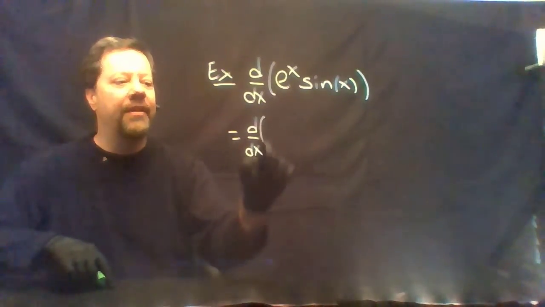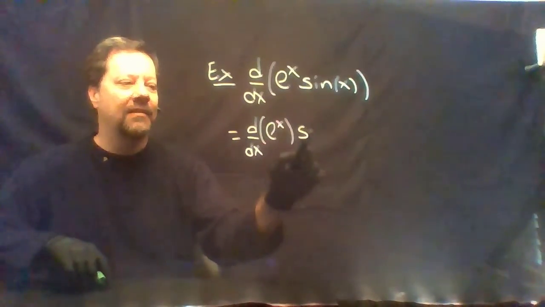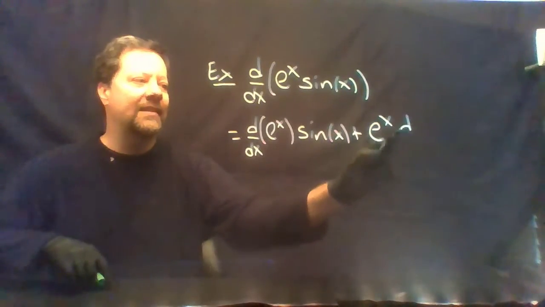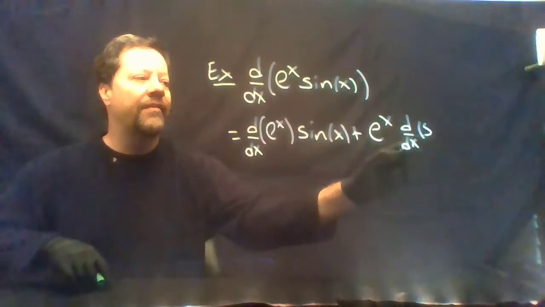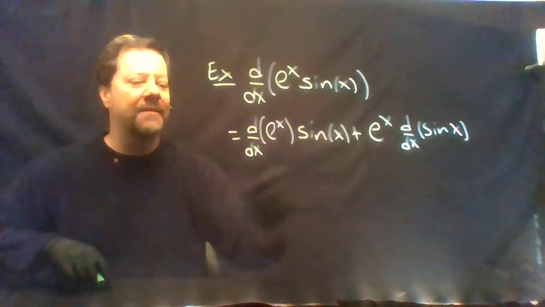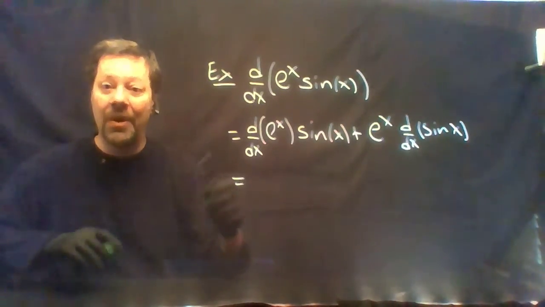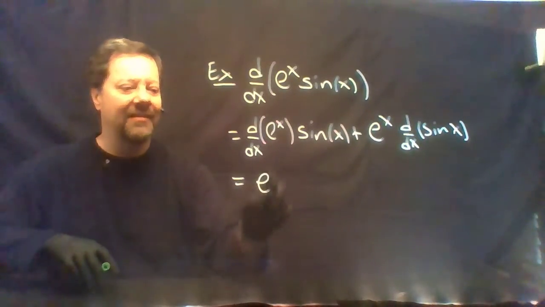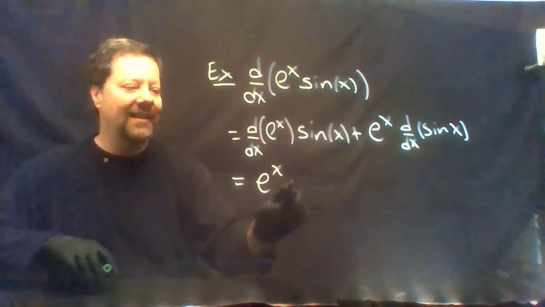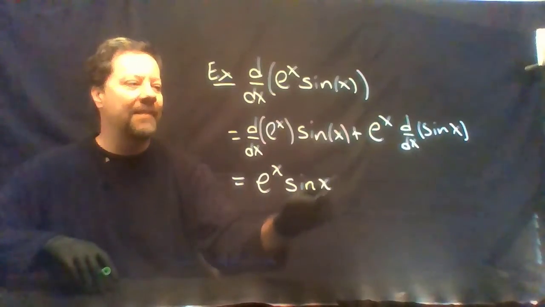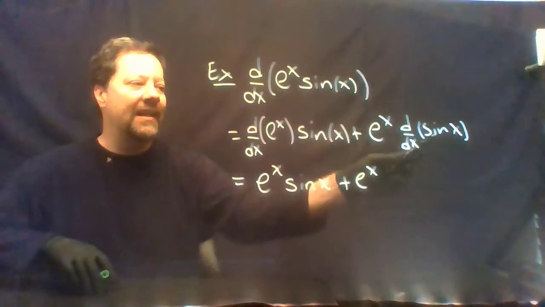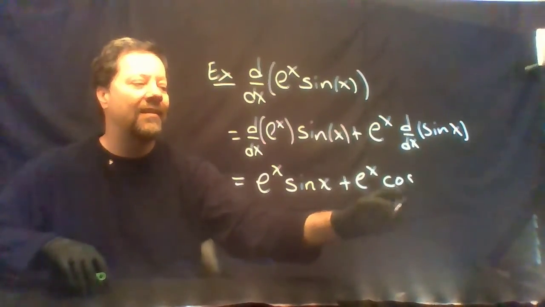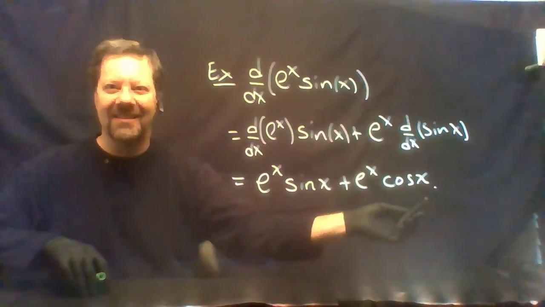That's going to be the derivative of e to the x times sine of x plus e to the x times the derivative of sine of x. Well, you know that the derivative of e to the x is e to the x. Kind of a remarkable example. Times sine x plus e to the x times the derivative of sine x, which you now know to be cosine x.